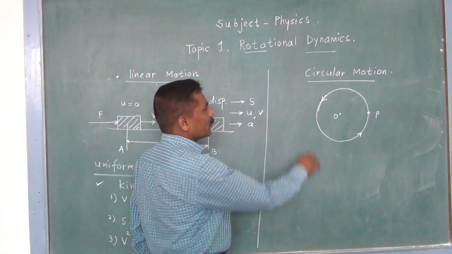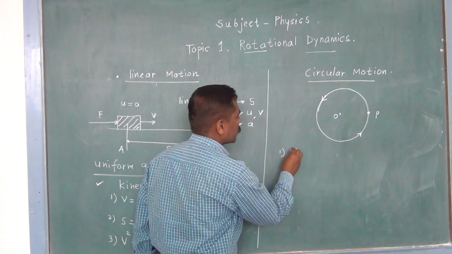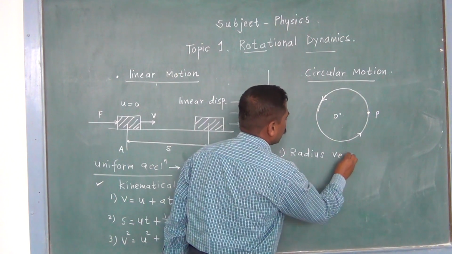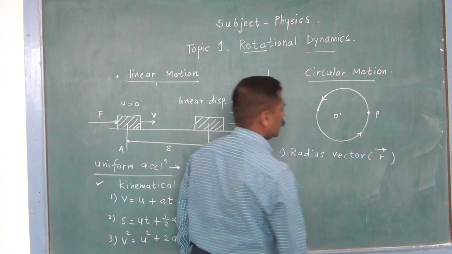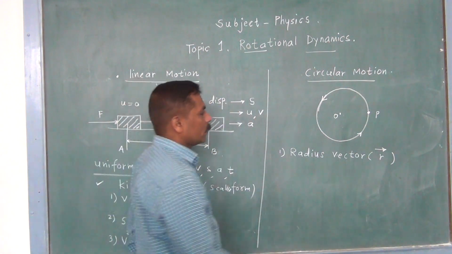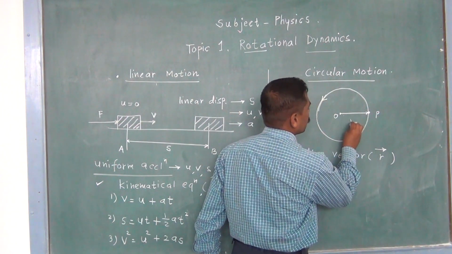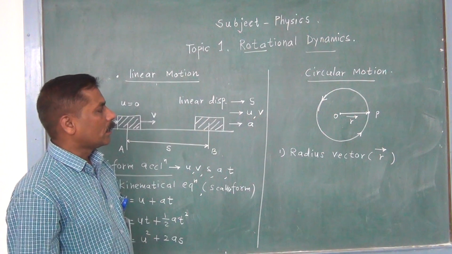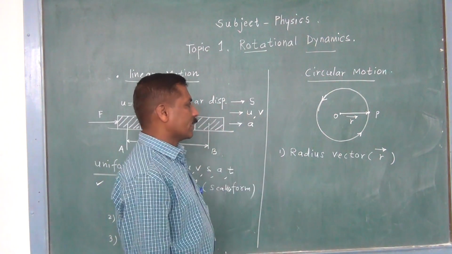To understand the circular motion, you should know certain terms. First is the radius vector, which is denoted as r bar. If we draw a vector from the center of the circle to the position of the particle, it is denoted as r bar, which is called the radius vector.